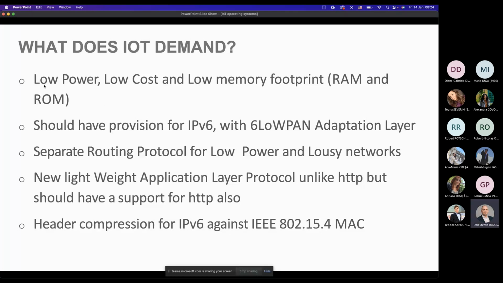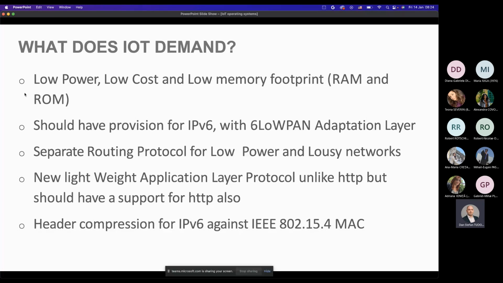These actually dictate a lot of how the operating systems that we're going to talk about in the next slides are structured. So we're not seeing operating systems that, let's say, are common to PCs or desktops, where you have a very friendly user interface, where you have a lot of applications and a lot of protocols already implemented.